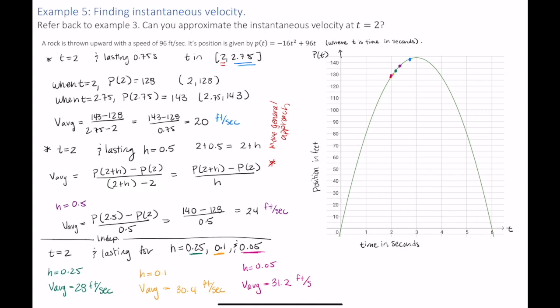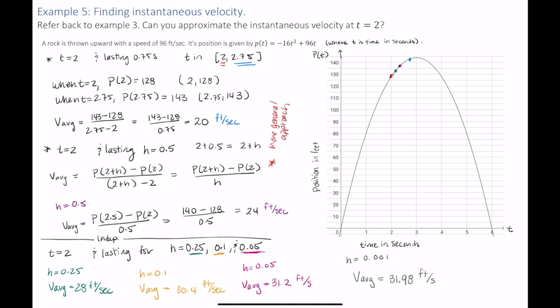And we can keep going. We can do one more just to see if we can get a little bit closer. I'm going to say for h equals 0.001. So right here we can see for this time interval lasting 0.001 seconds, our average velocity is about 31.98 feet per second.